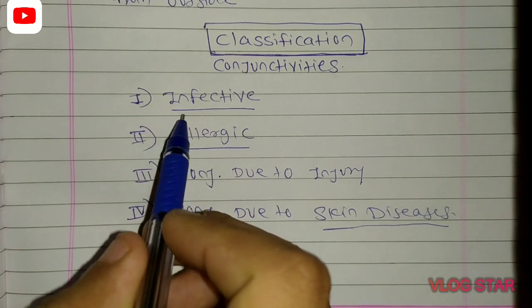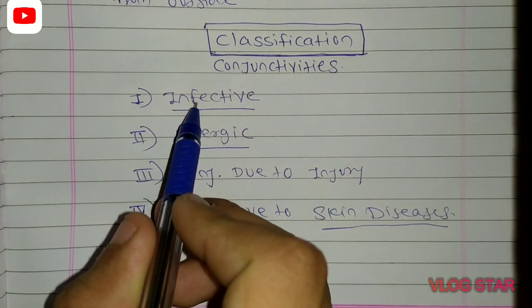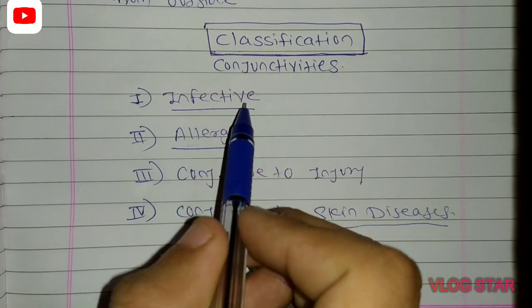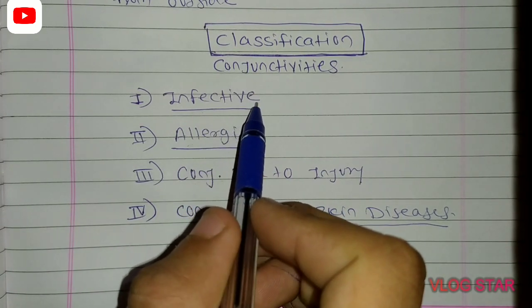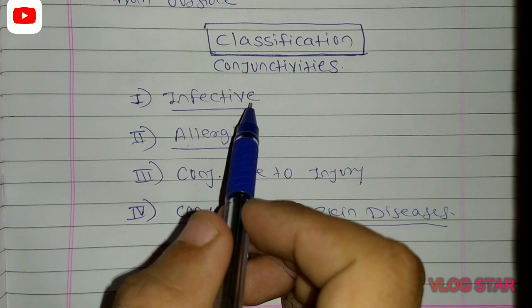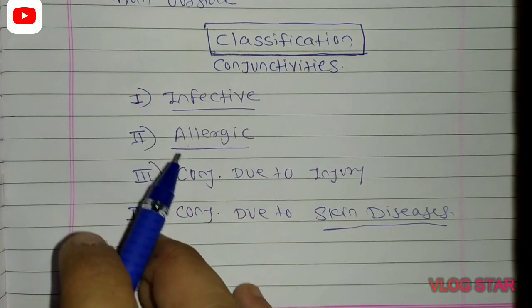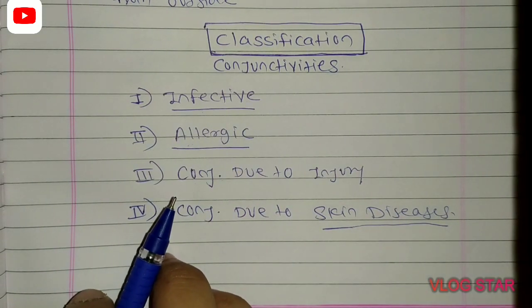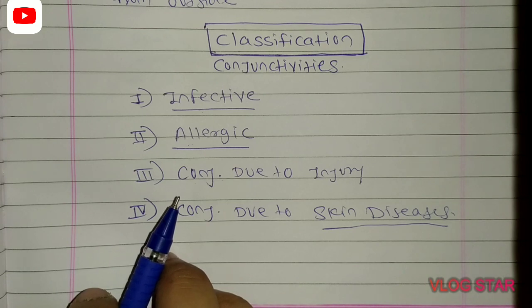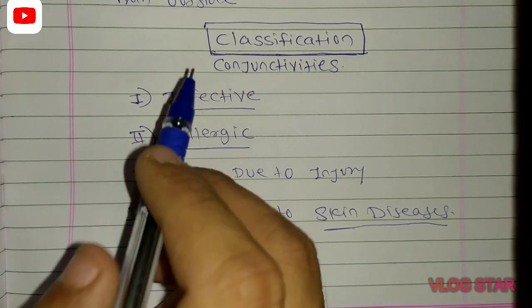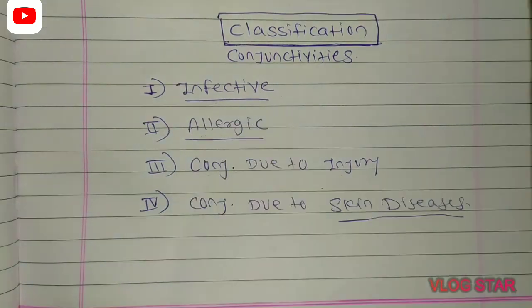So this is the first classification, that is infective conjunctivitis. Here in infective conjunctivitis, the conjunctivitis occurs due to infection, that is infection by a foreign body, it may be a bacteria, a virus, or some other microorganism. So this is nothing but infective conjunctivitis.